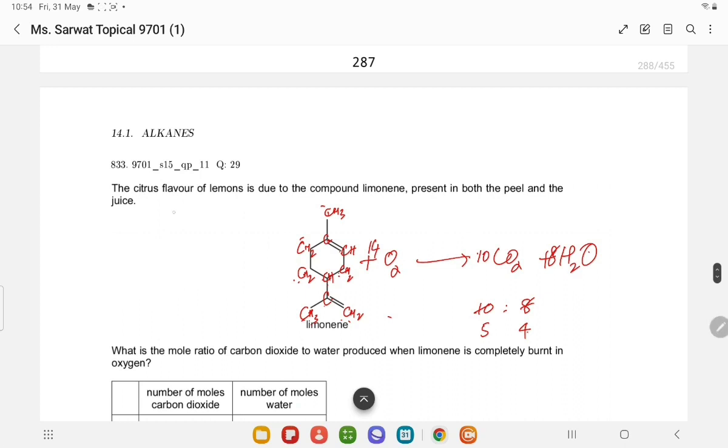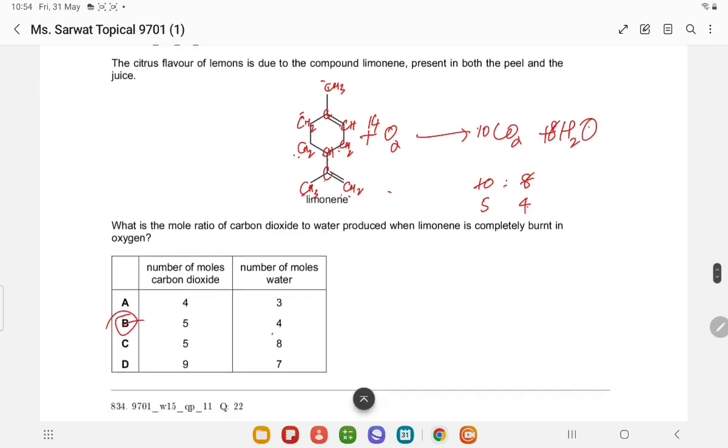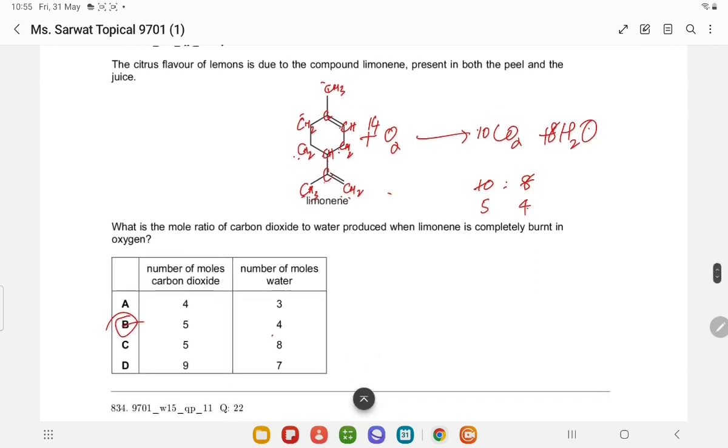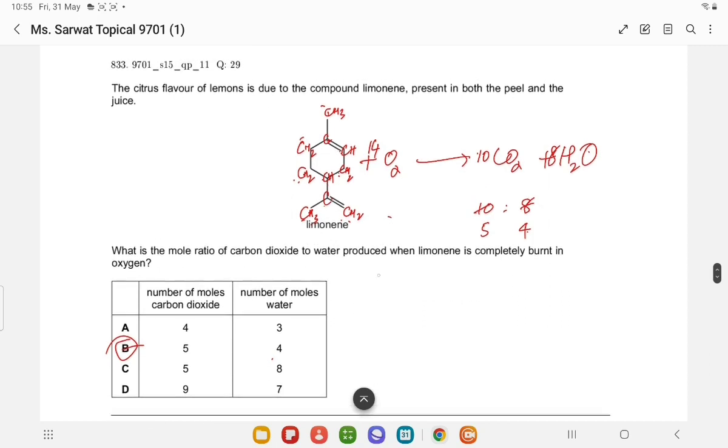Alkanes. Next question is, the citrus flavor of lemon is due to the compound limonene present in both the peel and the juice. What is the mole ratio of carbon dioxide to water produced when limonene is completely burned?